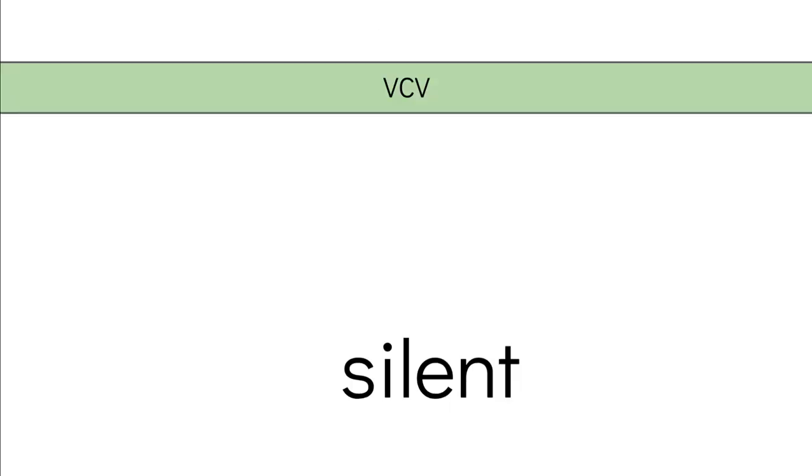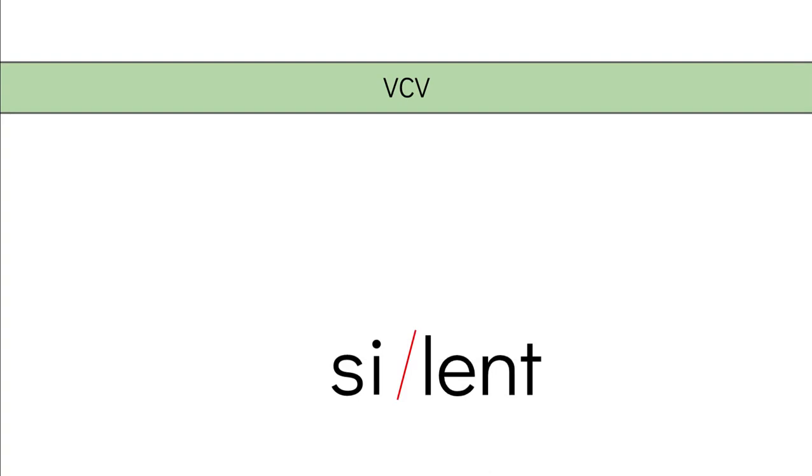We're going to look at the word silent. If we break the word silent up into syllables, we would have two syllables, sigh and lent. We have two types of syllables here, open and closed. When a syllable ends in a vowel sound, we call that an open syllable.